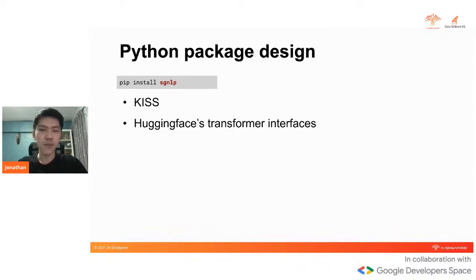Ultimately, we went with the decision of using the interfaces from Hugging Face's Transformers package. Some of the reasons include that it is a light wrapper around PyTorch and TensorFlow, not very highly opinionated, so very customizable. It is already quite popular among the NLP community, and it has a very nice and simple interface with helpful utilities.